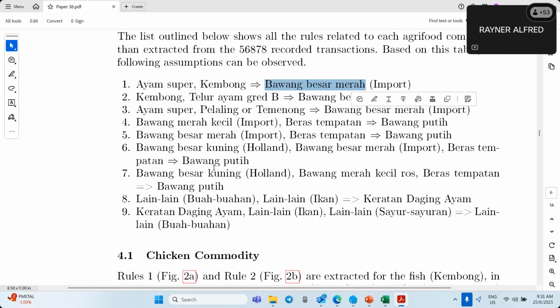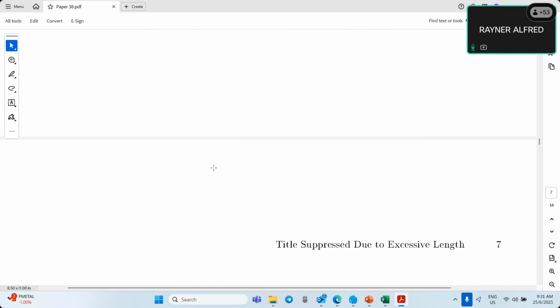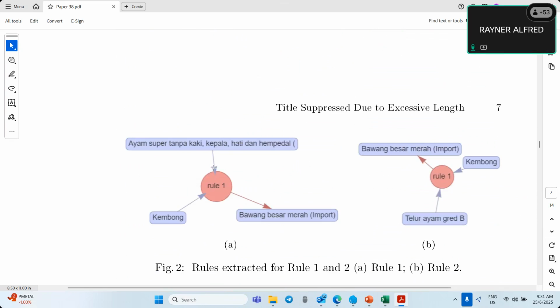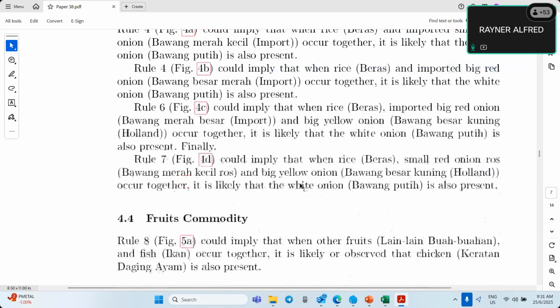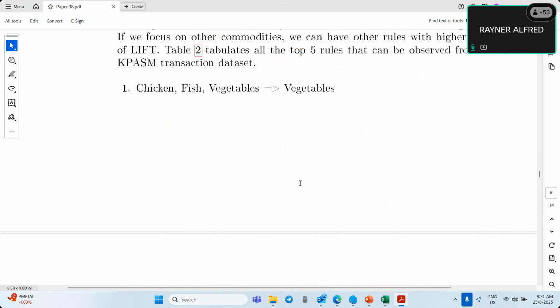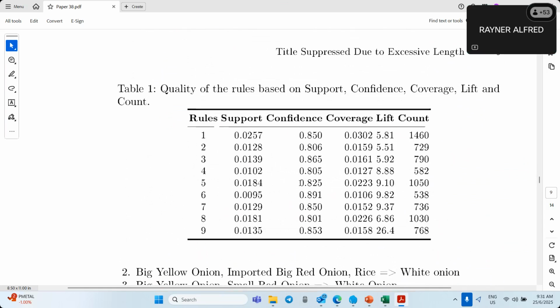Based on this, these are some of the rules. The combination of the blue ones will produce the Bawang Merah. This can also be extracted. We use the support, confidence, and then the lift here.